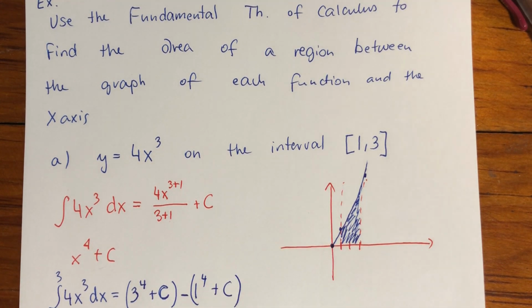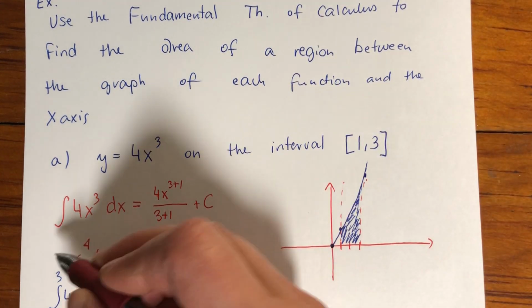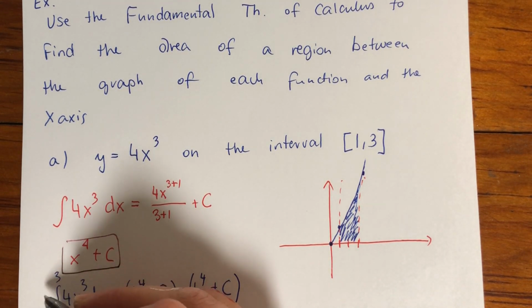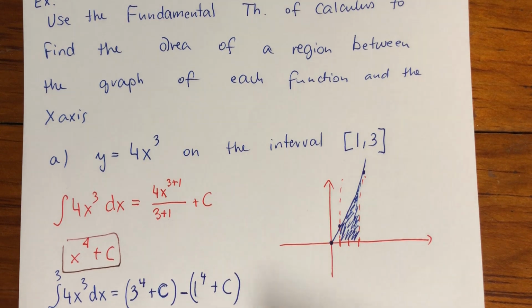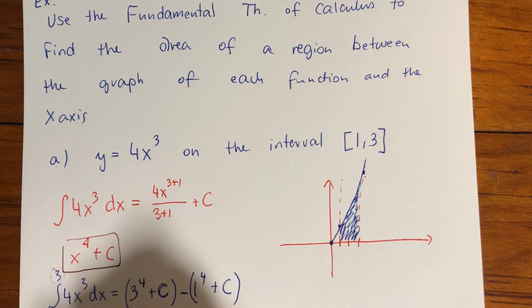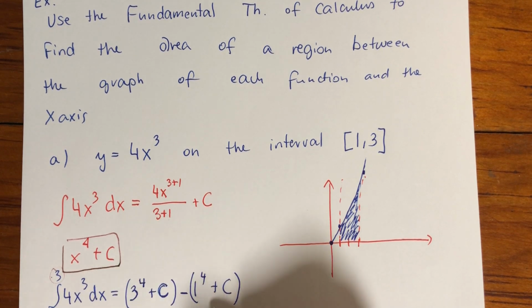So notice what I am doing is I am using this, and I am plugging my interval restriction in it. We always start with the 3 first, the bottom number is second, and we always put the negative sign in between them.